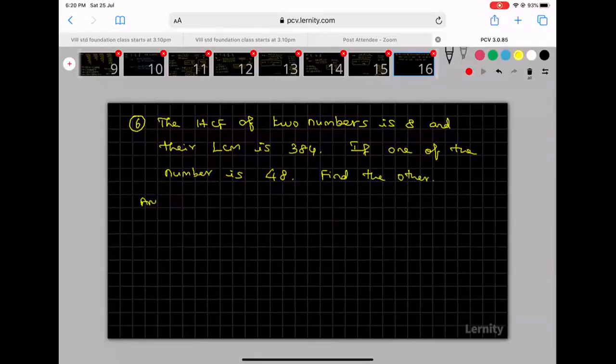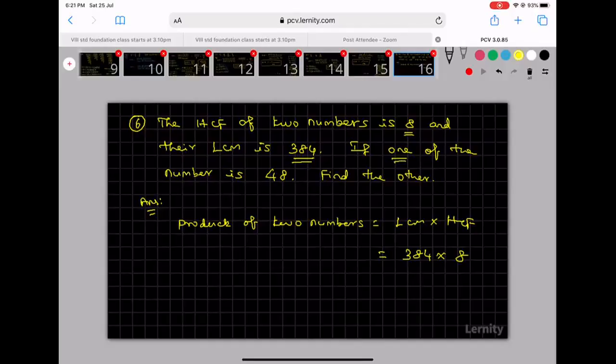Okay, for this answer, we know that the product of two numbers is equal to LCM into HCF. The HCF of the two numbers is 8 and the LCM is 384. So the product of the two numbers is 384 into 8.